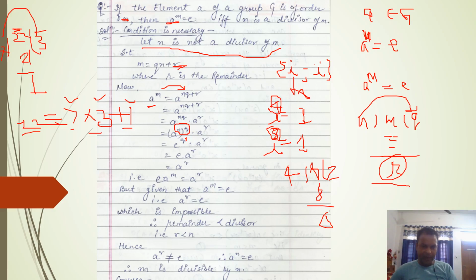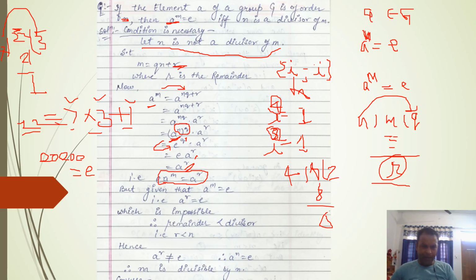You can directly apply a to the power n. As n is the order of a, this a to the power n will be equivalent to e. And if you multiply this identity q times, then you will get identity. If you operate identity on identity again and again, then you will get identity. It will not change. So this is e to the power q, that is e, into a to the power r, which is equal to a to the power r. So a to the power m equals a to the power r.